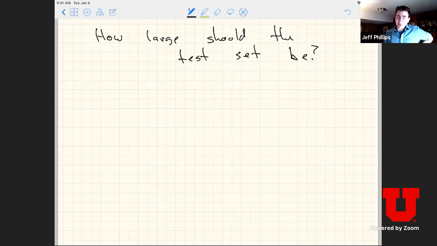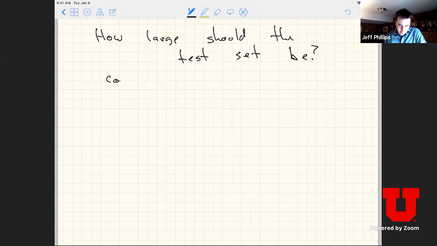In the previous example, I said I pulled out like 5 out of about 15 points, right? But what's the right fraction to pull out?